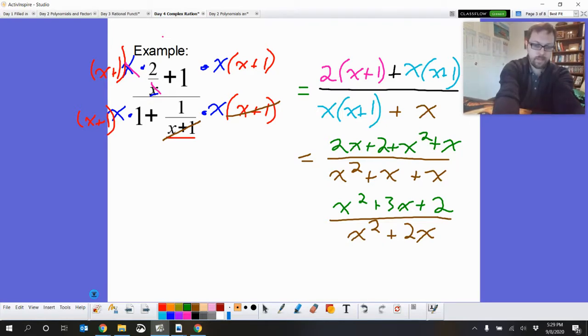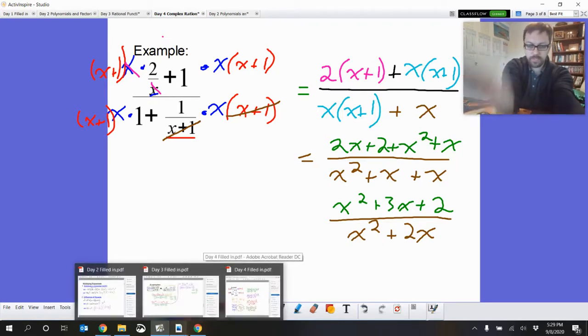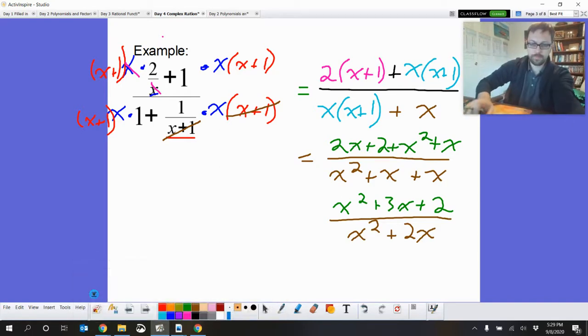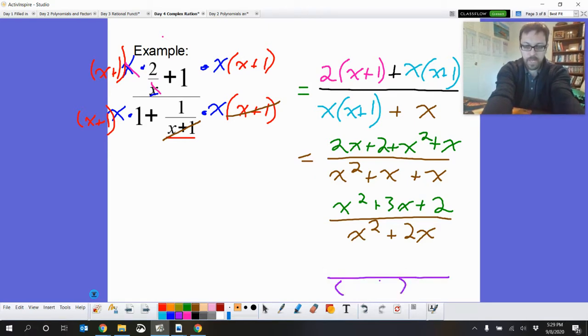All right, now I'm going to switch to purple, and let's see what happens if we factor all that stuff. In the denominator, I can factor out an x, so I've got x times x plus 2. And in the numerator, let's see, what multiplies to be 2 and adds to be 3?